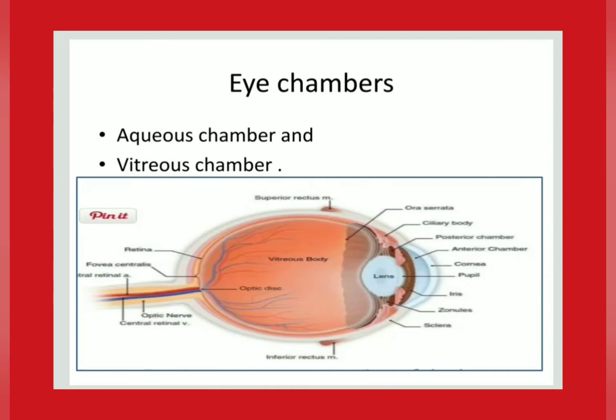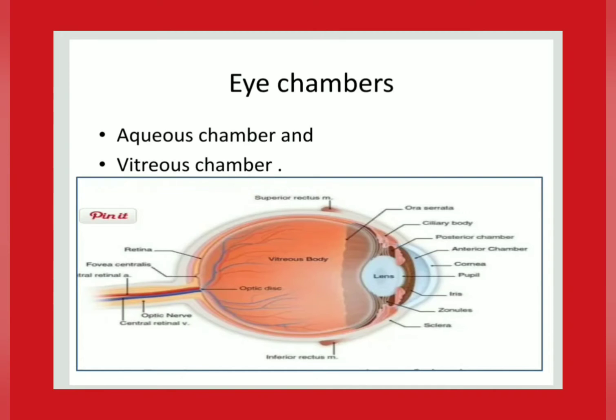The vitreous chamber is the inner side of the complete eyeball. So all these will form the eye: accessory parts, eyeball, eye lens, and also these eye chambers will form the complete eye.